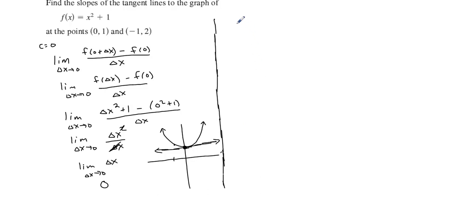Okay, let's do it. For c equals negative 1, we're going to have the limit as delta x goes to 0 of f of negative 1 plus delta x minus f of negative 1, all over delta x.